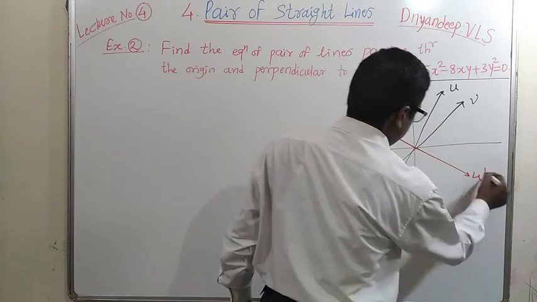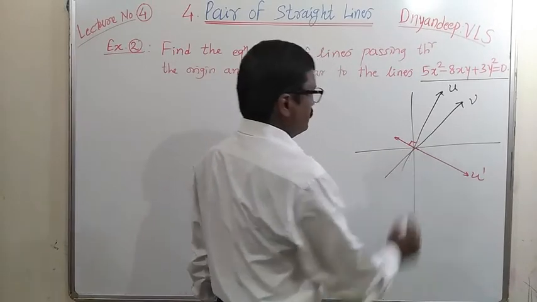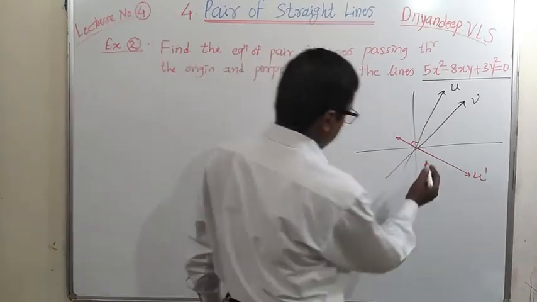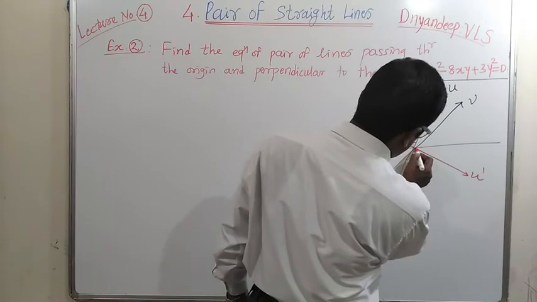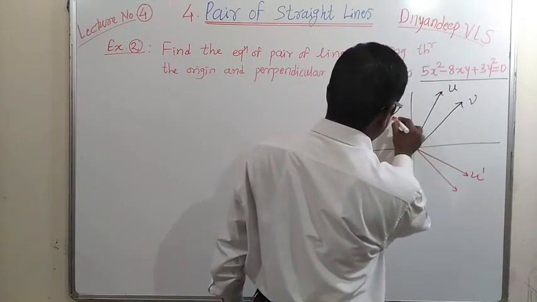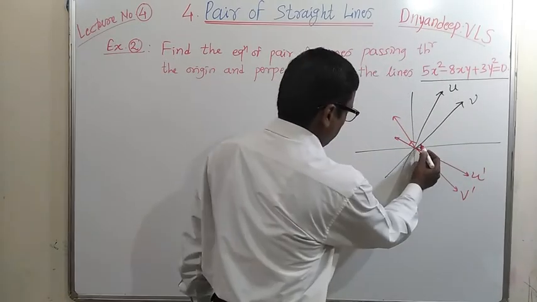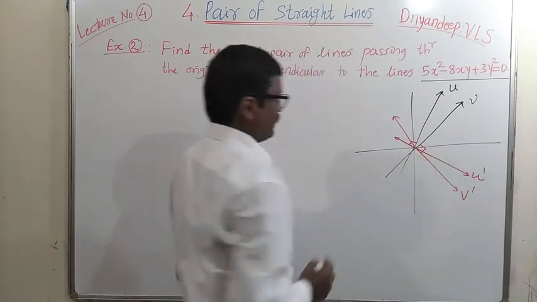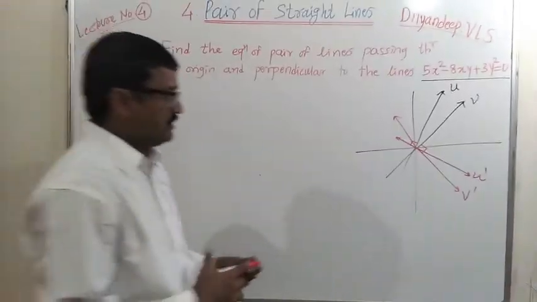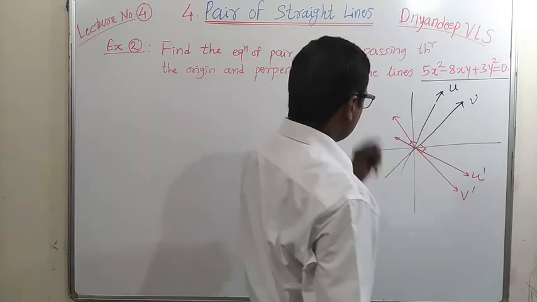This is line U dash, which is perpendicular to line U, and another line perpendicular to V, that is V dash. So these are the two lines which are perpendicular to these two lines and passing through origin.